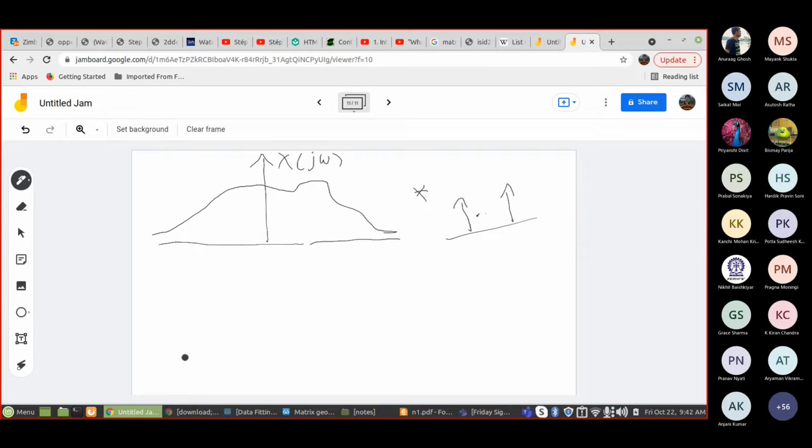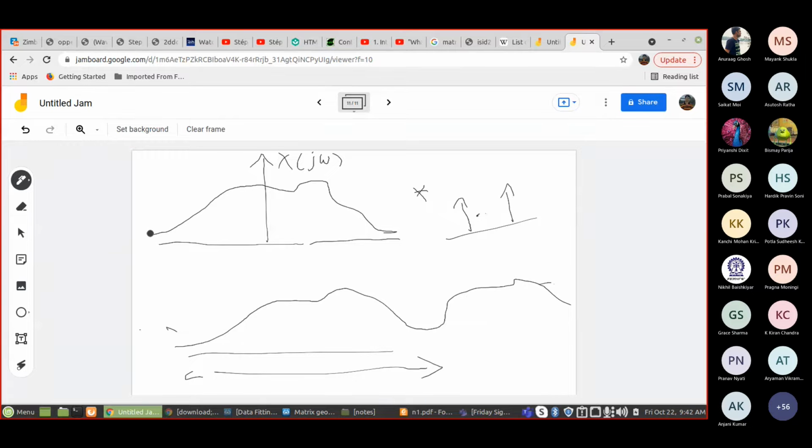What I am going to get is a periodic function. It's going to repeat itself in both directions. There are going to be overlaps also.